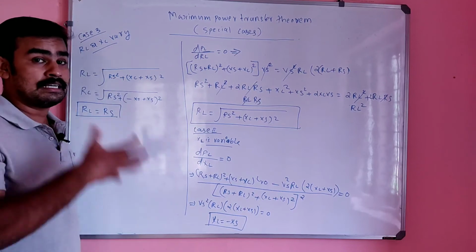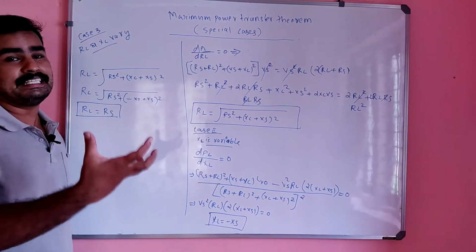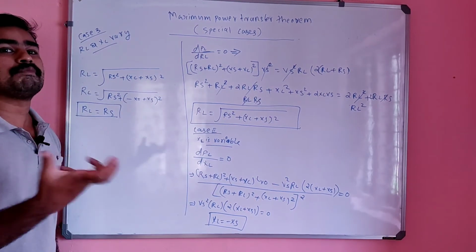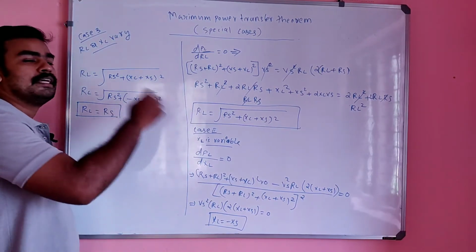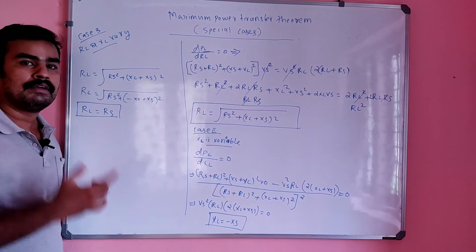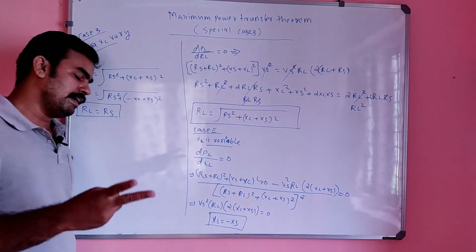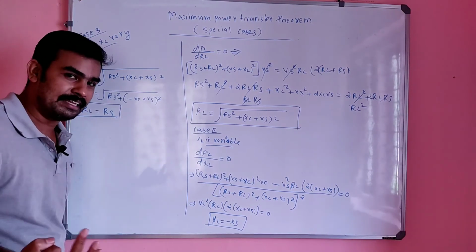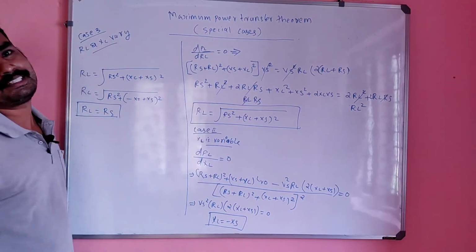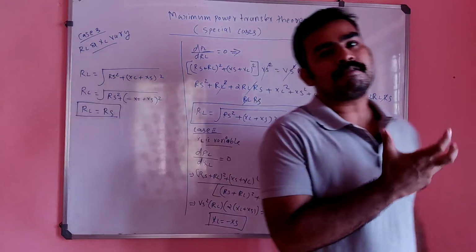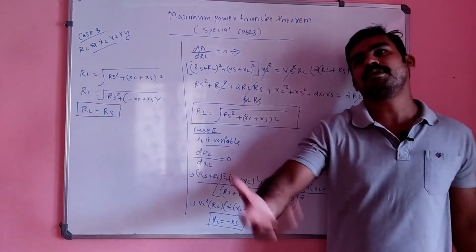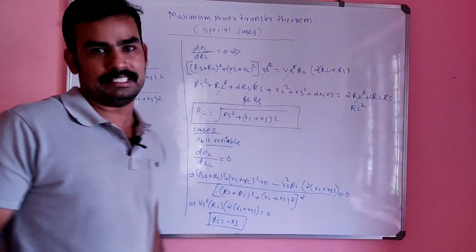If you are given an AC circuit, then you have to think whether RL is varying, whether XL is varying, or whether both RL and XL are varying. Then only you apply these conditions. So observe very thoroughly whether the circuit is given in AC or DC in nature.